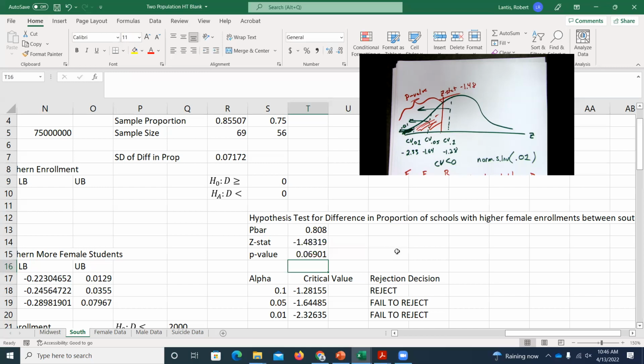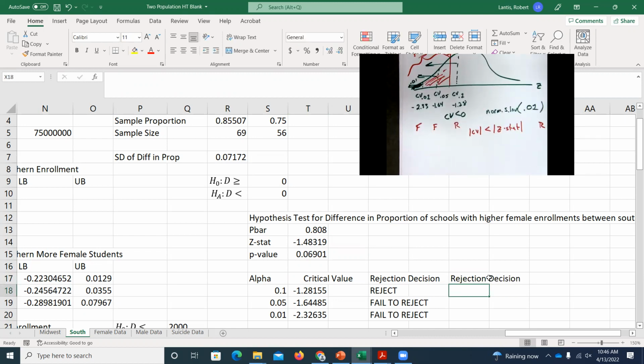So I get a p-value of 0.069. I could make my rejection decision using the p-value approach. If we remember, hopefully I get the same outcome, but we only reject if my p-value is less than alpha.